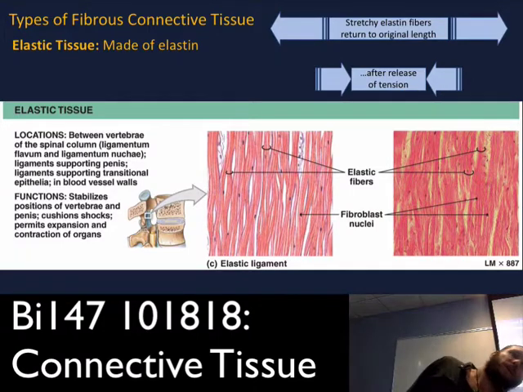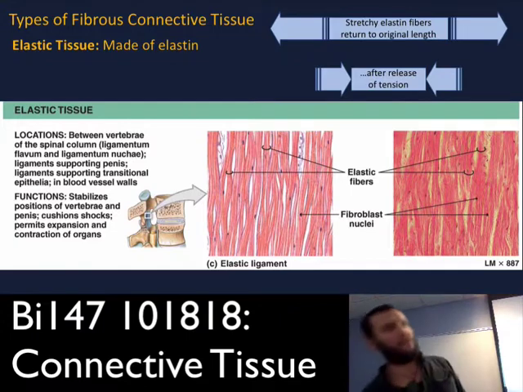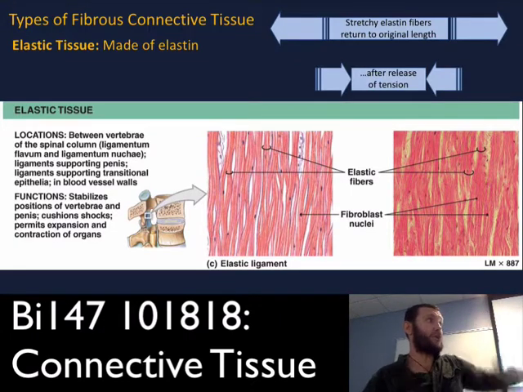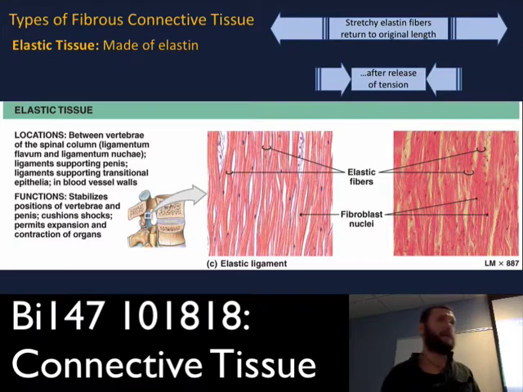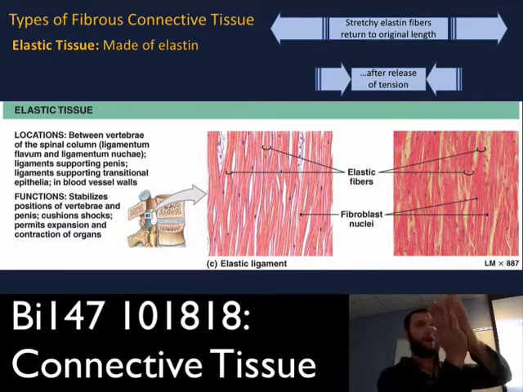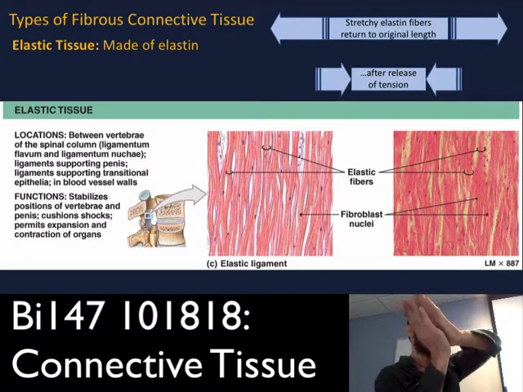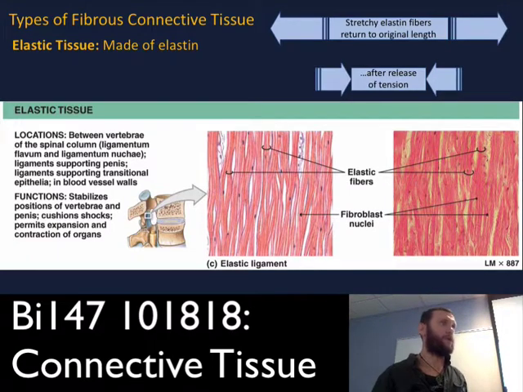When you do a side bend, one of these half moon things, it's getting stretched. It's allowing those transverse processes to spread away from one another, and then it's helping pull them back towards one another, elastic.